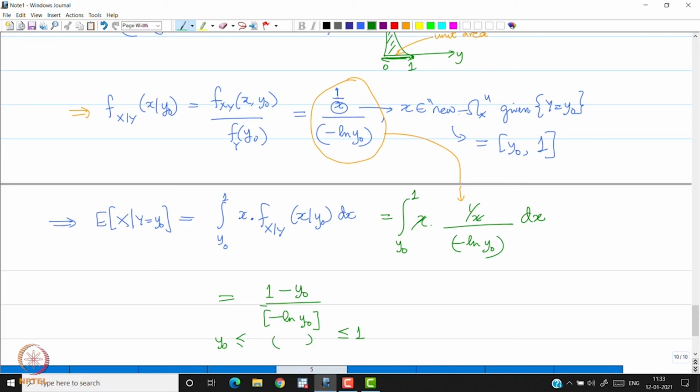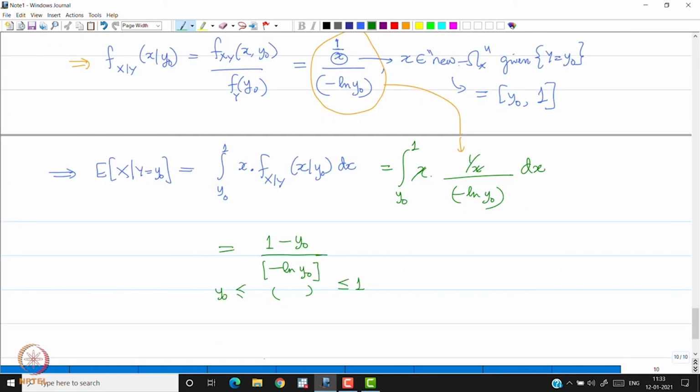That gives you a couple of other interesting inequalities. One of them is a restatement of the inequality of the ln function itself, and the other is another interesting inequality, that it is lower bounded by y naught. So this basically is the answer to our question, this conditional expected value, and this is what it is.